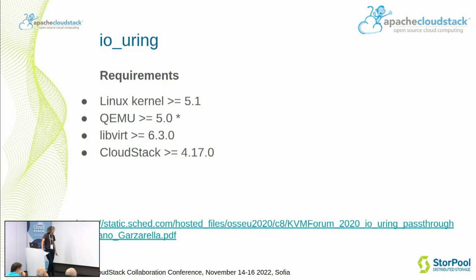And you need libvirt version 6.3. In CloudStack, there is support for io_uring that was introduced in 4.16.2, I believe, but there was an issue with it that was fixed in 4.17. So the first version that actually works well with io_uring is 4.17.